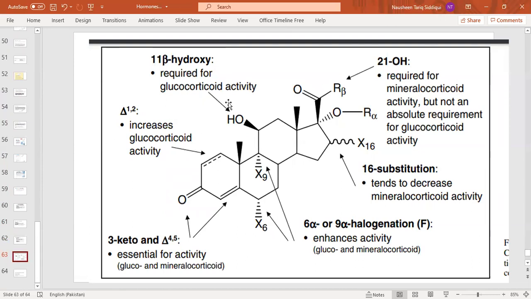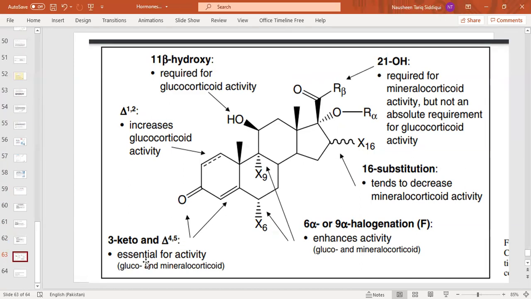This hydroxyl group is required for glucocorticoid activity, while if we enhance the unsaturation, it will increase the glucocorticoid activity, while the 3-keto and delta 4 are the main structure.